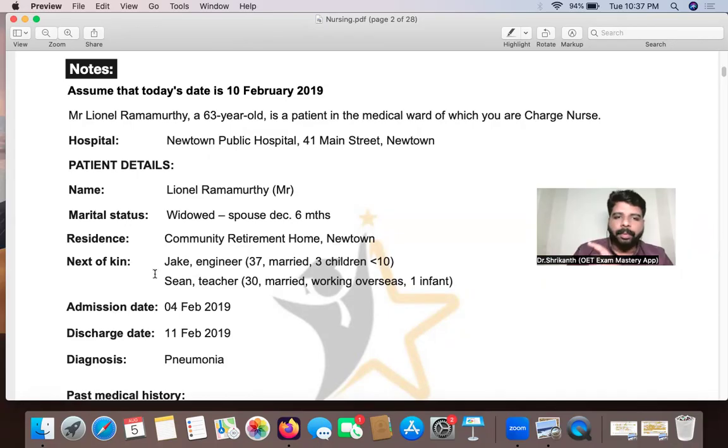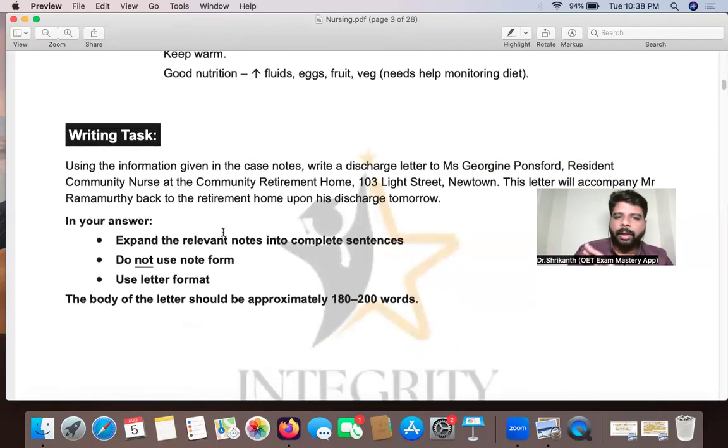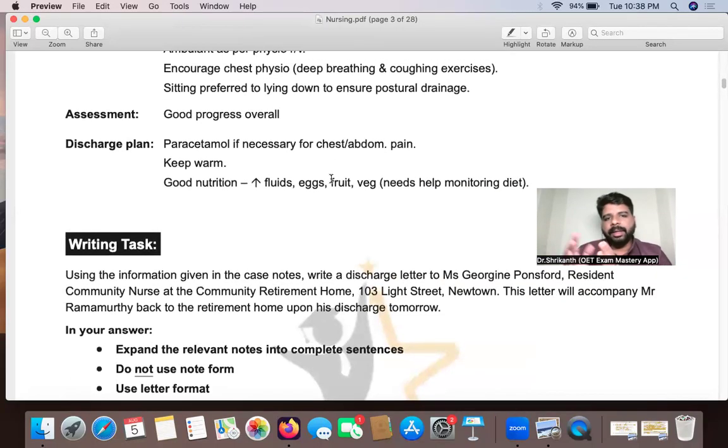Based on this case note, you're writing a discharge letter. The future well-being of this patient is dependent upon this letter. If this letter is written very nicely, then this patient's future is safe. If this letter is not written properly, that means it has data errors, it has confusing information, it has no organization, it has skipped all the important information.